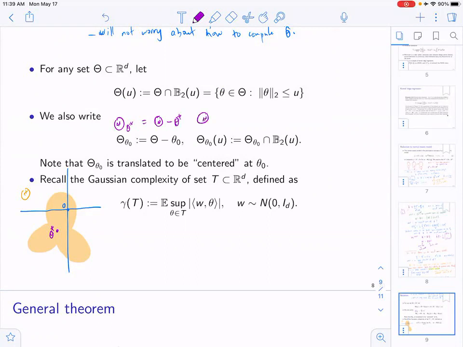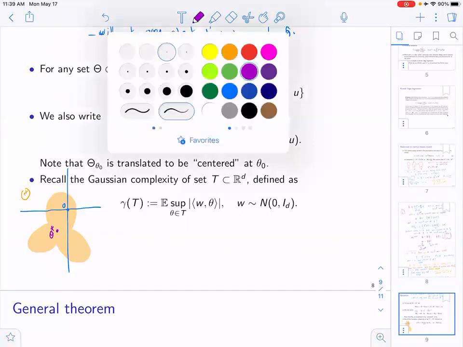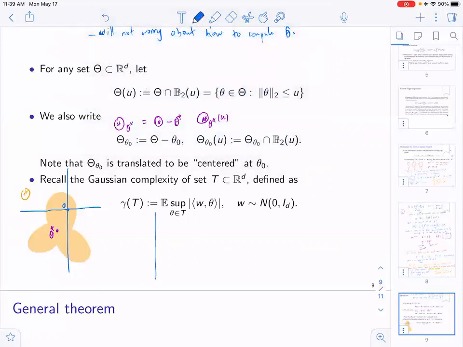And so we're going to look at this guy. I first shifted to this theta star.